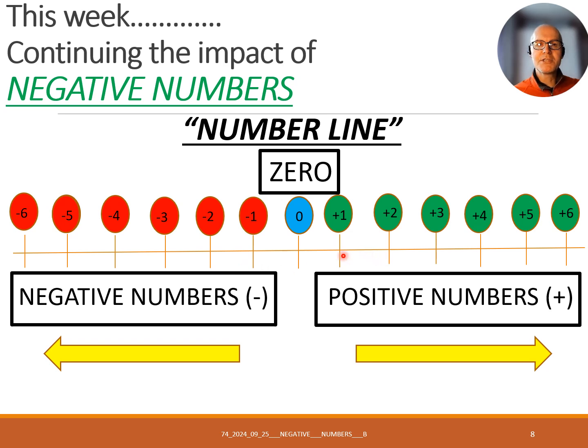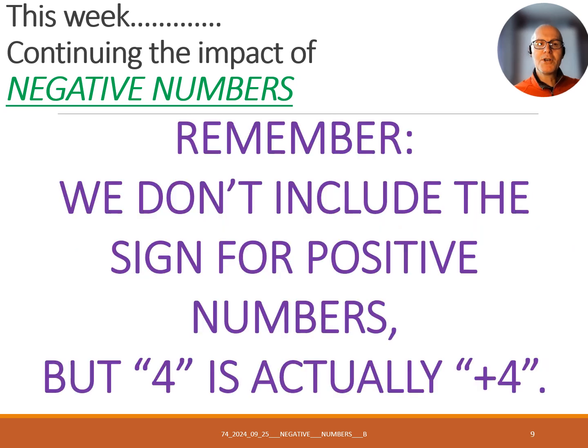Whereas positive numbers, +1, +2, +3, +4, +5, +6, etc. When we talk about a positive number, we don't actually include the positive sign, but +4 is actually +4, but we just don't include the plus sign. However, for this lesson, we may put the plus sign in just to clarify what we do with the signs.